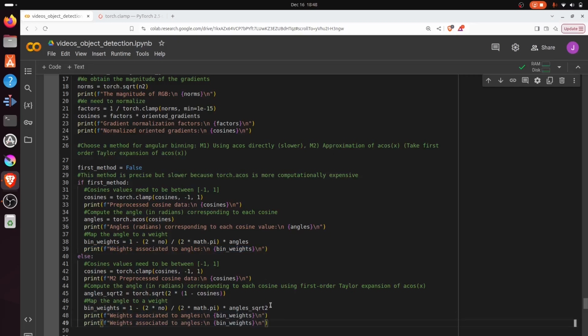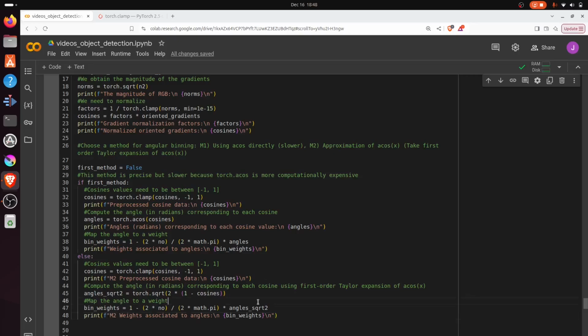There is no need to print the angle approximation. Right now we can just print it out: weights associated to angles, and I'm going to put here method 2 so that we keep in mind that we are using the second method.